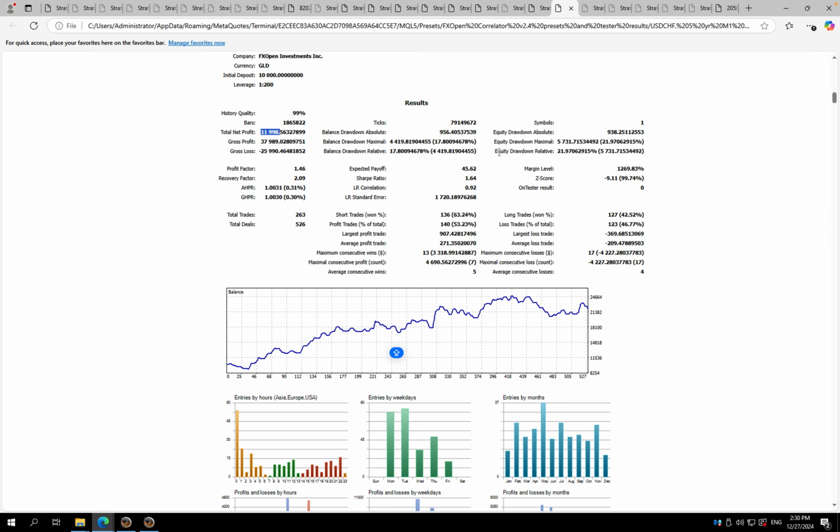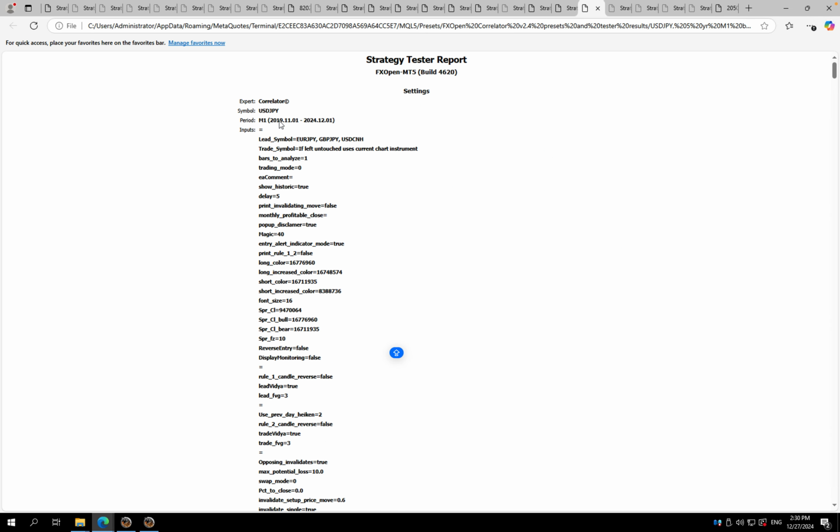Largest drawdown is almost 22%, and the average profit is 271 compared to the average loss being 209. This is over 263 trades. Again, a consistent growth.